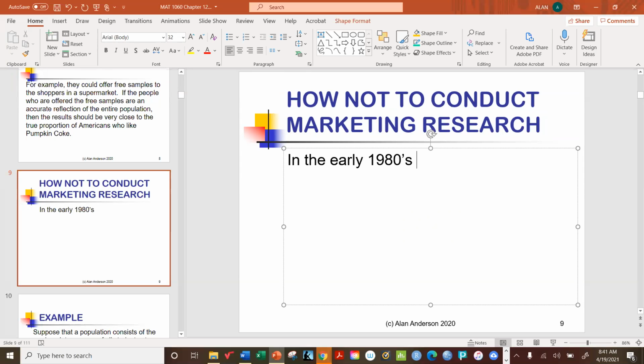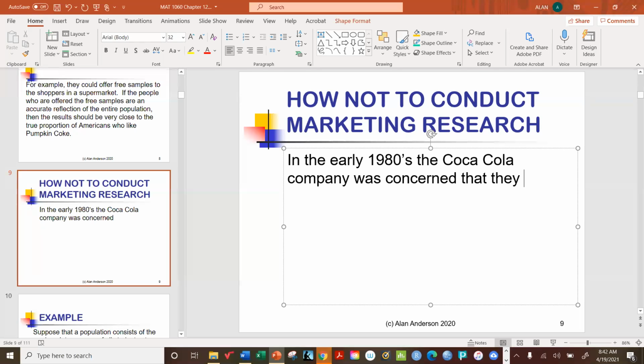They have other flavors from companies that they bought out, like Dr Pepper and that kind of thing. But so they're looking to expand their product offerings. And here's the thing, though, that they were worried about. The Coca-Cola company was concerned that they were losing market share to PepsiCo.